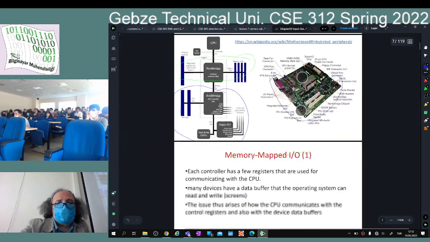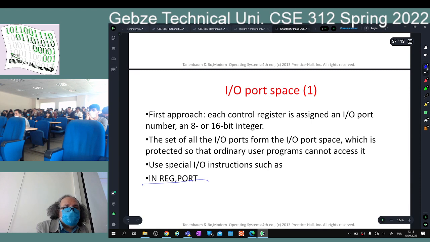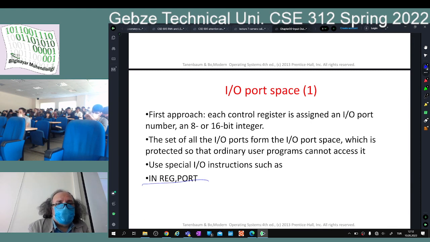This technique is called I/O port reading, and that space that you are reading is the I/O port space. Each control register is assigned an I/O port number, either an 8-bit or 16-bit integer. As an operating system designer and developer, you know the port numbers of each of your registers.